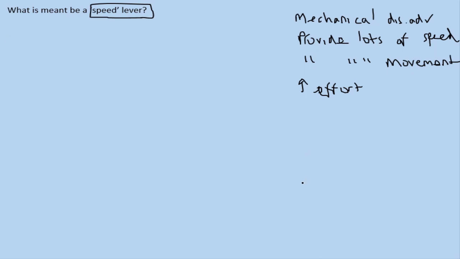So let's have a look at the mathematics involved in that. Let's say we have a pivot there, and we have the moment arm there, and this time we're going to have a different type of lever. So we've obviously got the fulcrum here, and we've got the resistance over here.